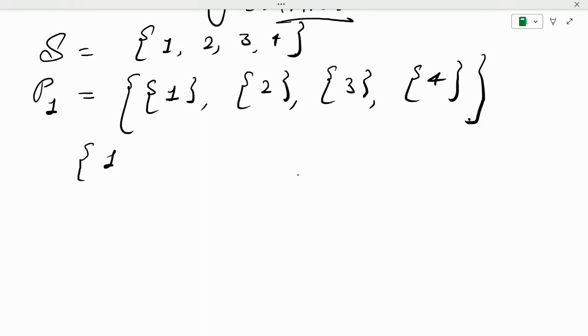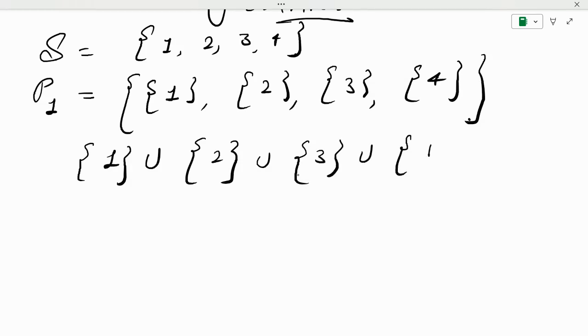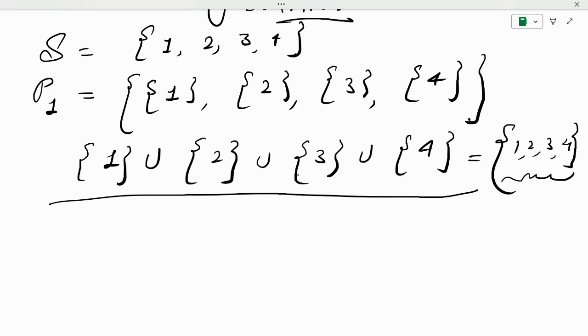If you combine all these subsets, {1} union {2} union {3} union {4}, then what are you getting? You're getting {1, 2, 3, 4}. So if you combine all the elements of the subsets, you get the original set.